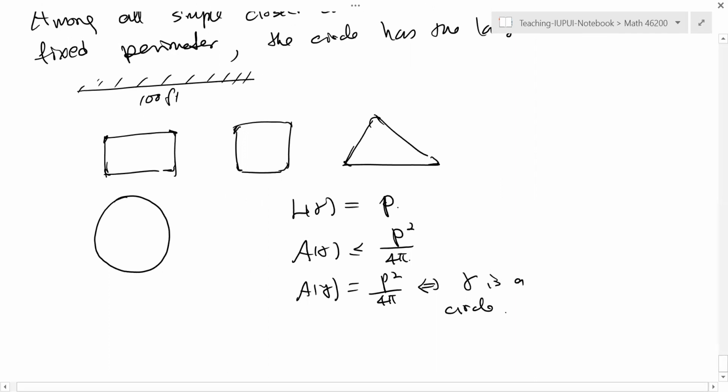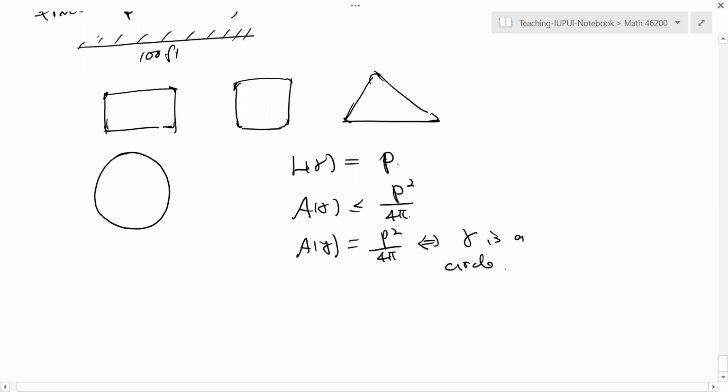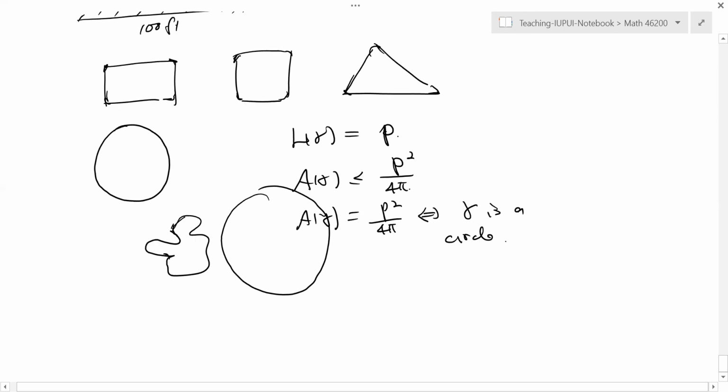But here we are talking about a very general simple closed curve. Okay, it could be anything like that. This is a simple closed curve, but it includes much less area than the circle. As you open it, the circle is a very large circle because the perimeter is pretty long here.